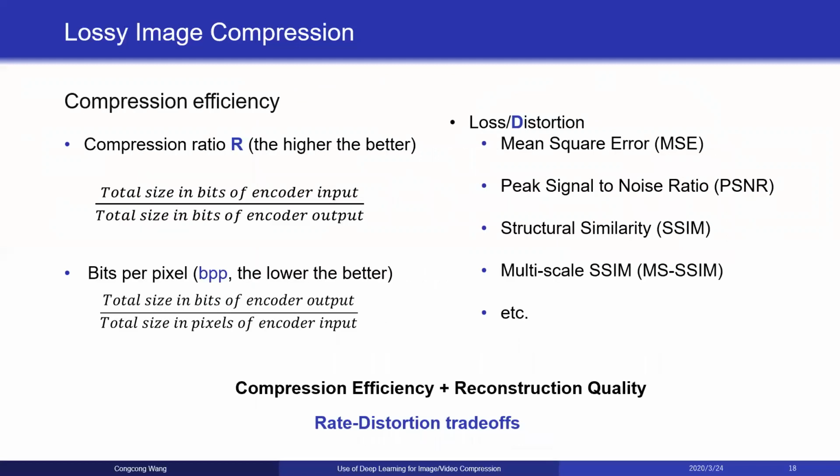This distortion can be mean square error, PSNR, SSIM, multi-scale SSIM, and other image quality metrics. So a lossy system wants a higher compression ratio and also wants to keep as much of the original information as possible. This is also called the rate-distortion trade-off.